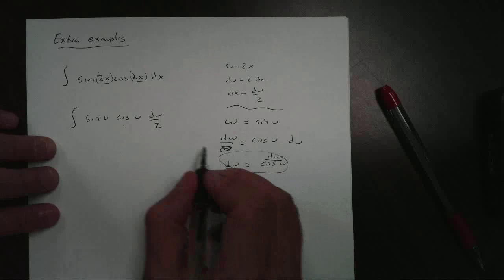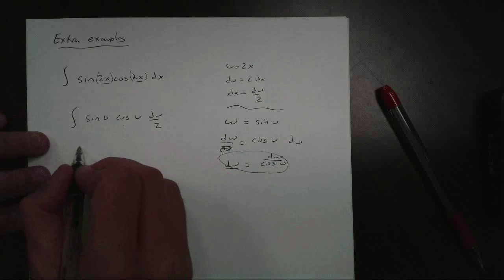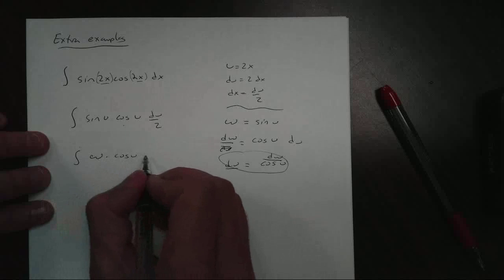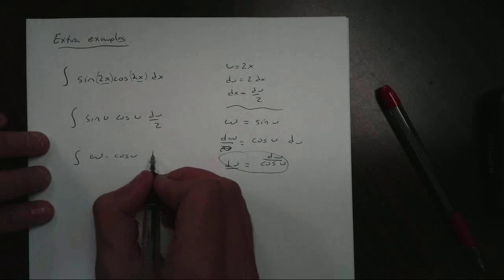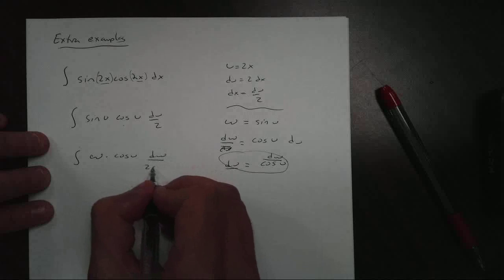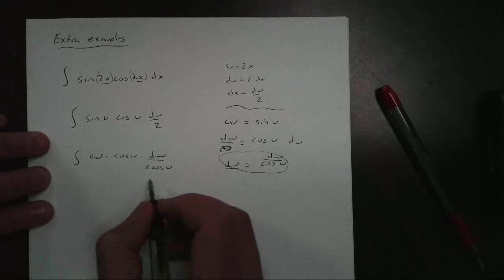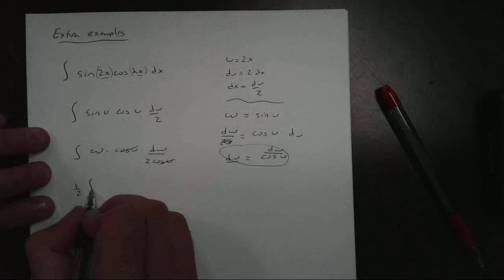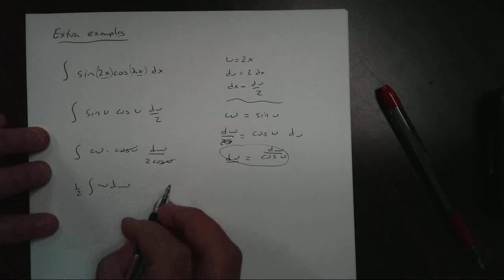And that's what I want. So when I replace it, I get w times the cosine of u, du, which becomes dw over 2 cosine u. And they cancel. What I'm left with now is 1/2 w dw.